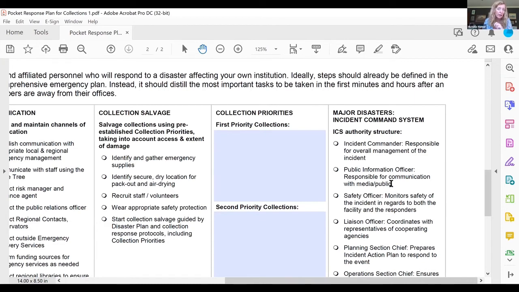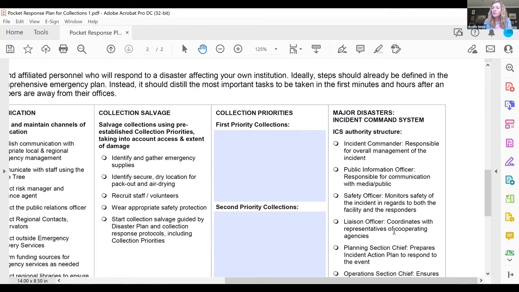So you should know, I do not talk to ENCA, I do not talk to the Sunday Times. Somebody else does that. The safety officer monitors the safety of the incident in regards to both the facility and the responder.